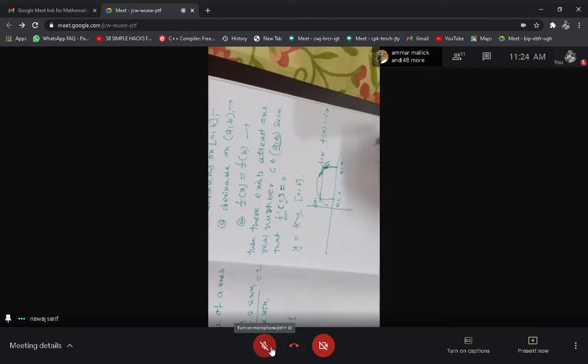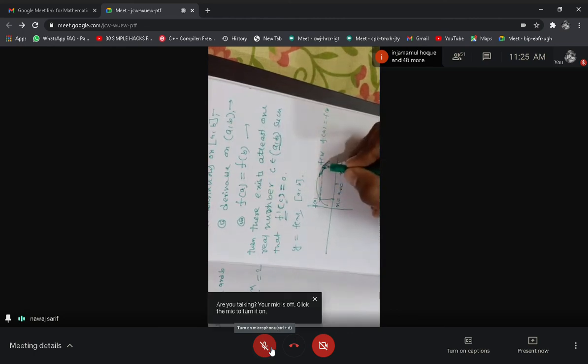Then there exists a point c in between a and b, this is x equal to c, such that f dash c, which means the slope of that function, is 0 at that point c.